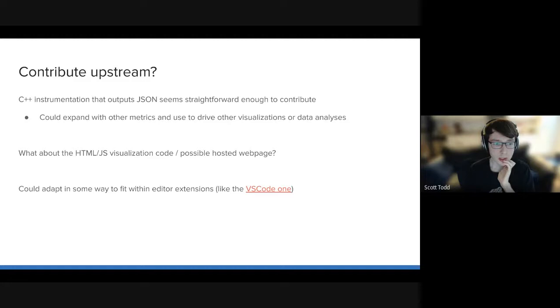And some other questions that I had were around contributing. So I think the instrumentation itself in the C++ is pretty straightforward to add or wire up, and then people could expand on this type of data generation or write their own in a similar way. But I'm less sure about the dev visualization.